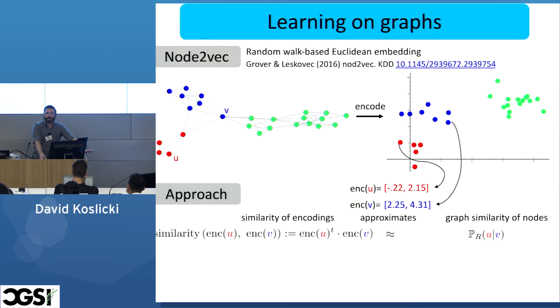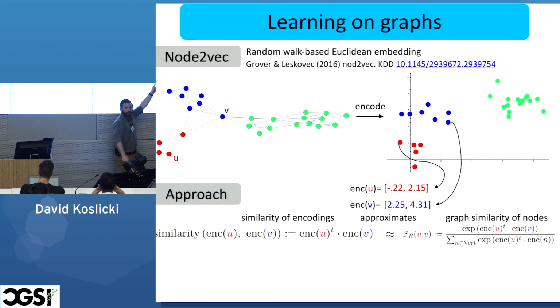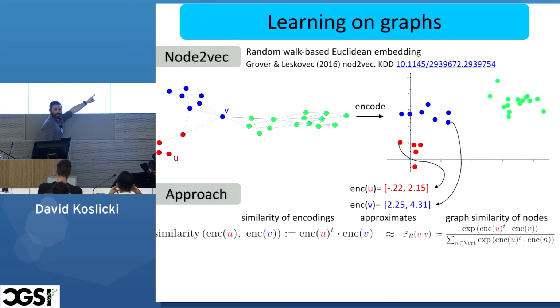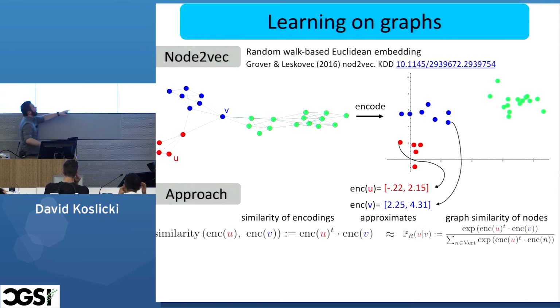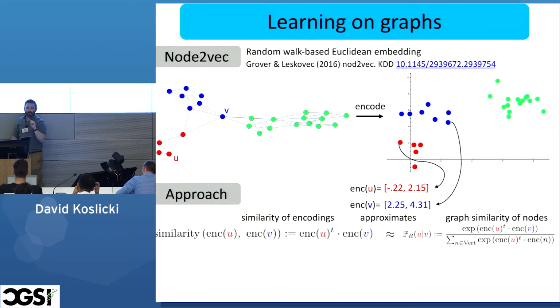We can formalize it and represent this as the probability of seeing U given that we started at V, and then we use a softmax representation of this probability. You can see that we have utilized our dot product in there, because indeed we want these things to be similar, so they're going to have to be related to each other. That's how we're going to define our probability. So if our encodings are very similar, we should have a high probability of running into one of the nodes starting at another.